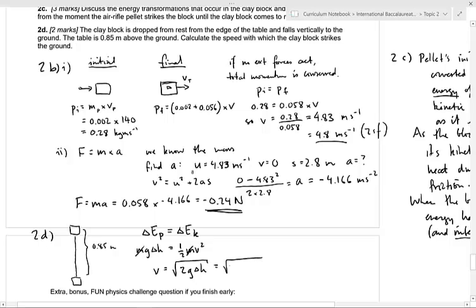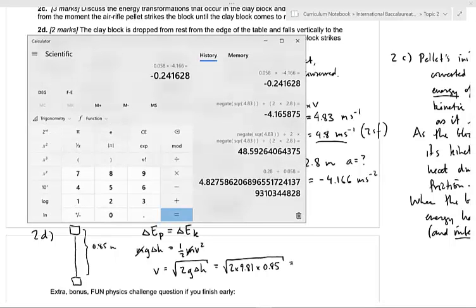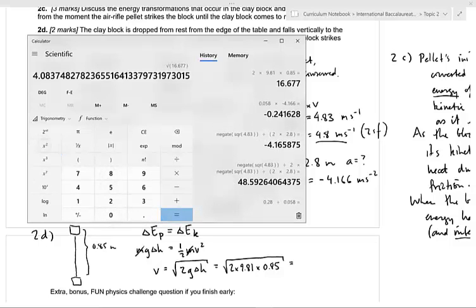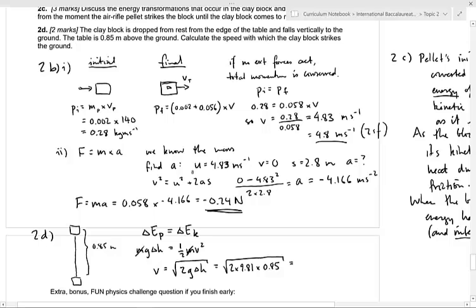which is equal to the square root of 2 times 9.81 times delta h, which was 0.85, which gives us a final answer of, so we go 2 times 9.81 times 0.85 equals, and then we'll take the square root of our answer and we get 4.1 meters per second.